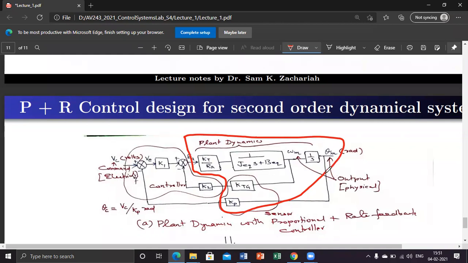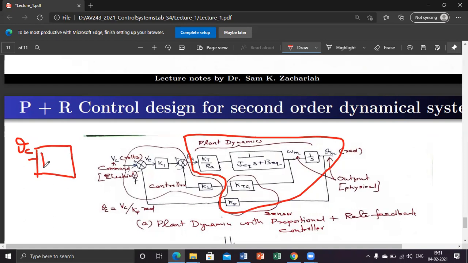Now we are subtracting. Otherwise, you can do one thing. You can put theta c here instead of Vc. Some of our simulation diagrams do that. Then pass it through the same block Kp. Then connect it to this particular portion.